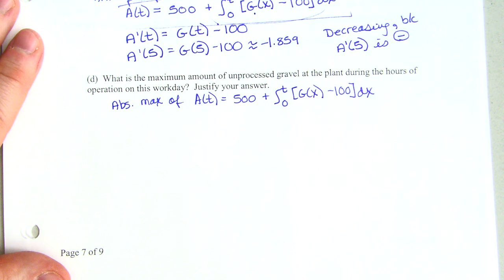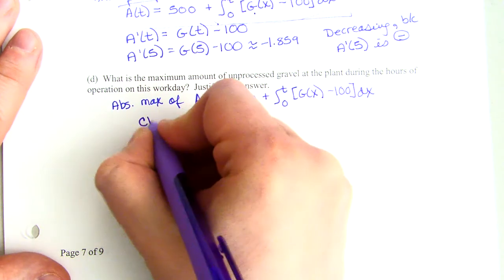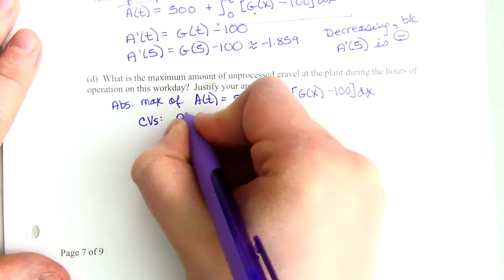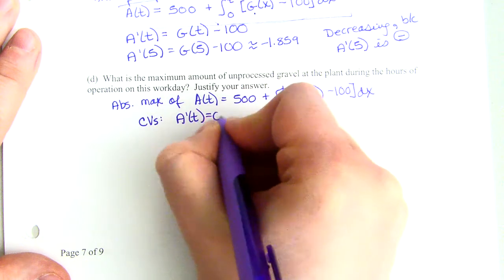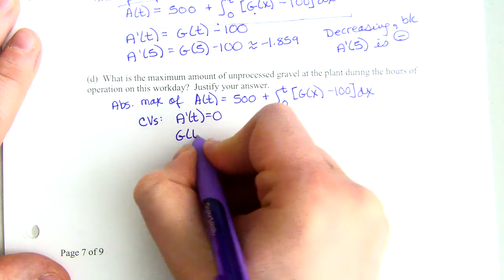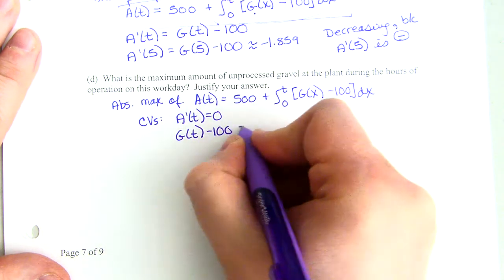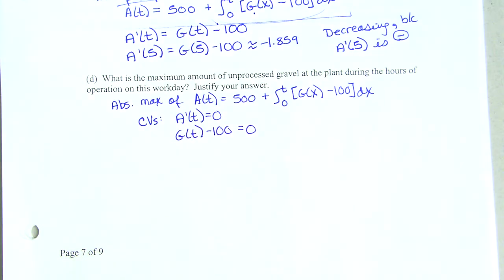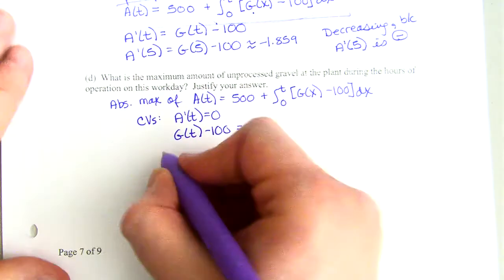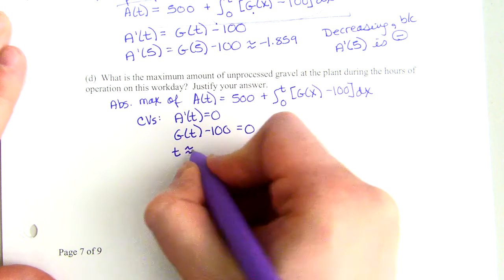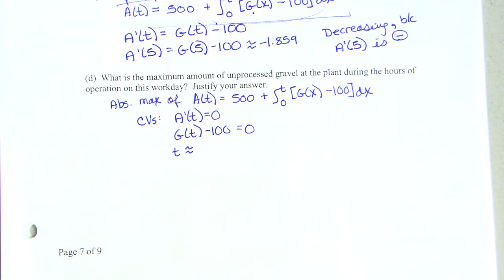First thing we need to do is find our critical values, which occur when the derivative equals 0, which means when g of t minus 100 equals 0. I'd like you to go solve that by graphing and send in what your critical value or values are.